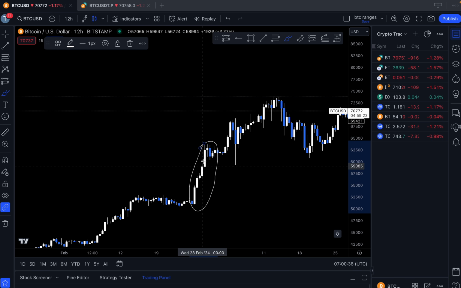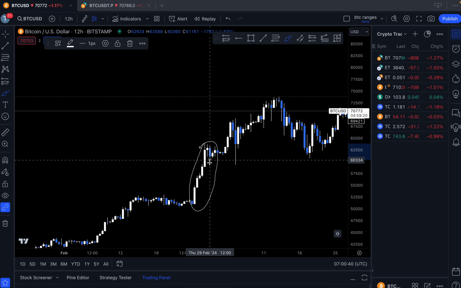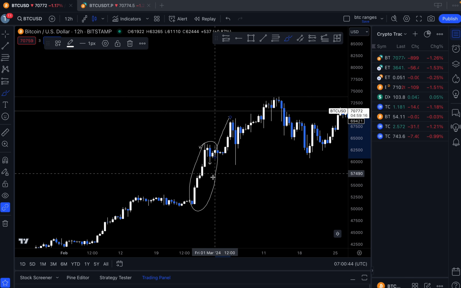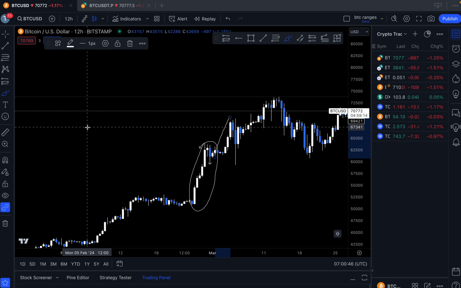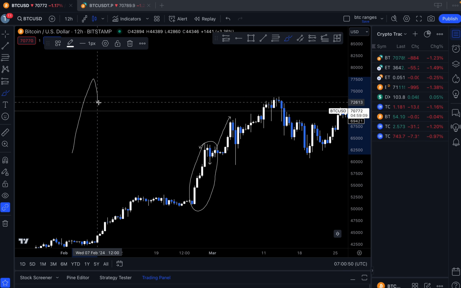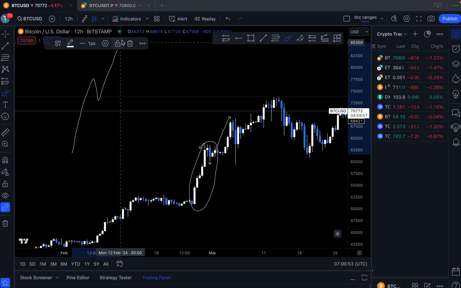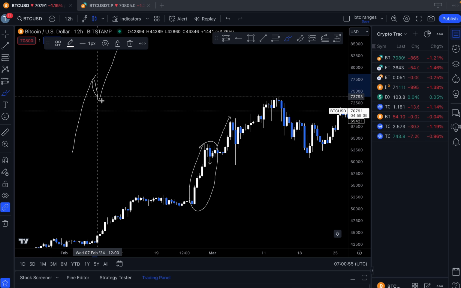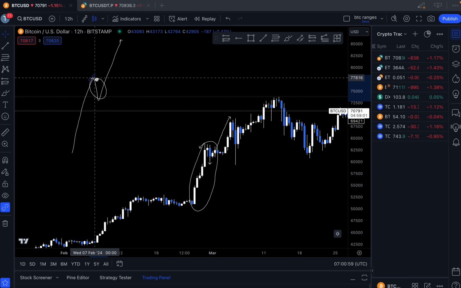So price is going up, you have an order block which goes down, and then price continues to go up. This area blocks it down, and then it goes back up. And this area here is the order block.